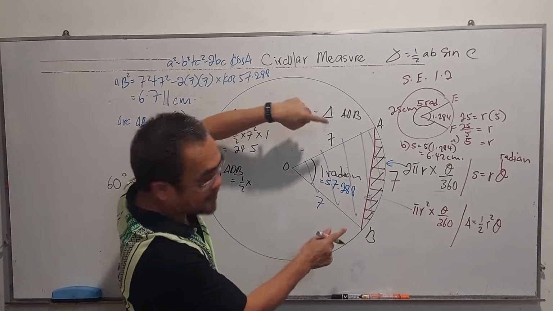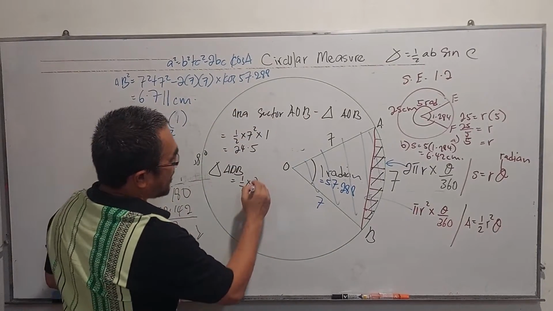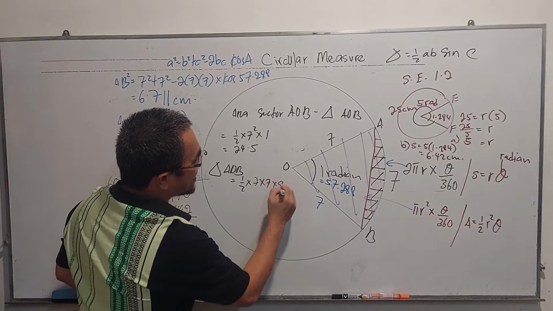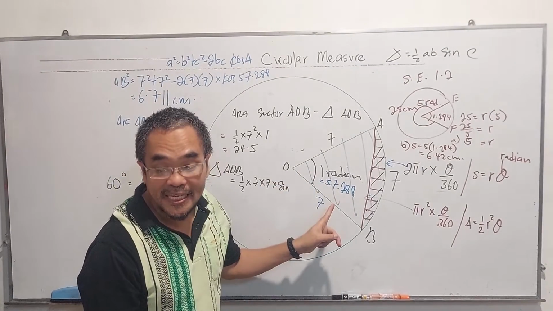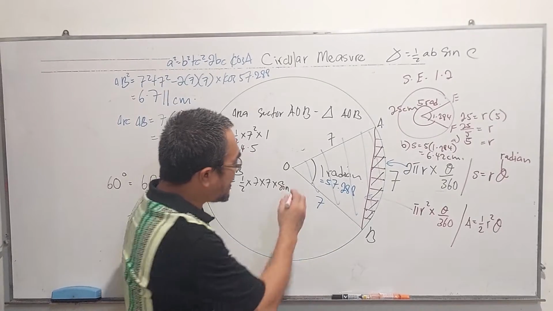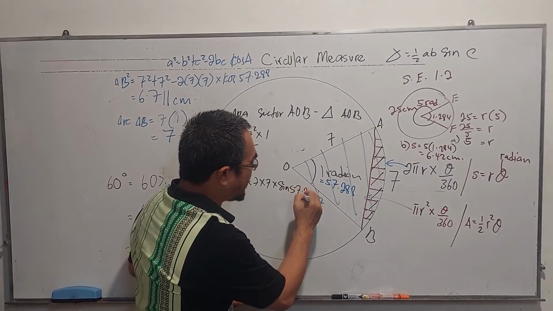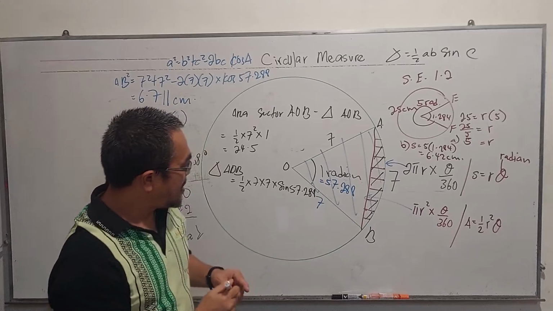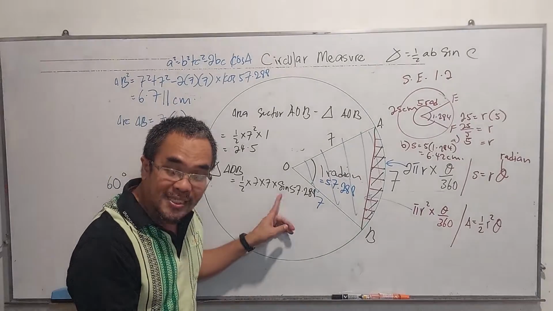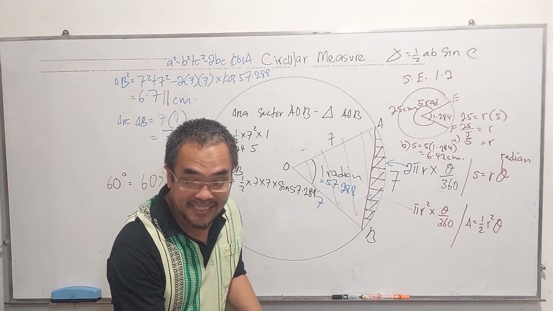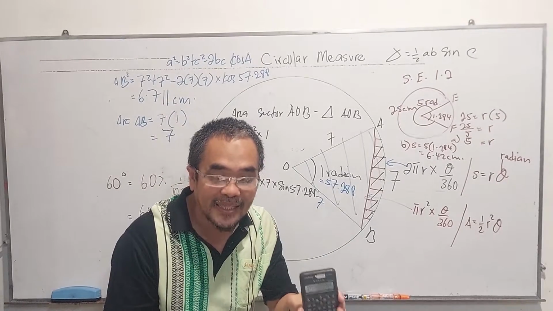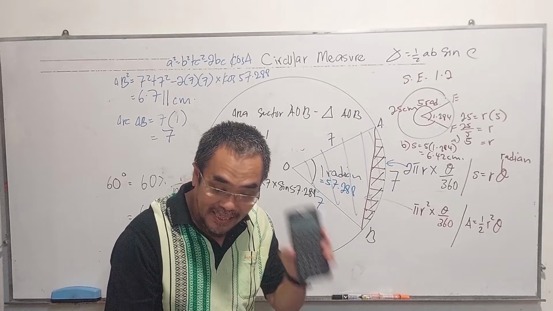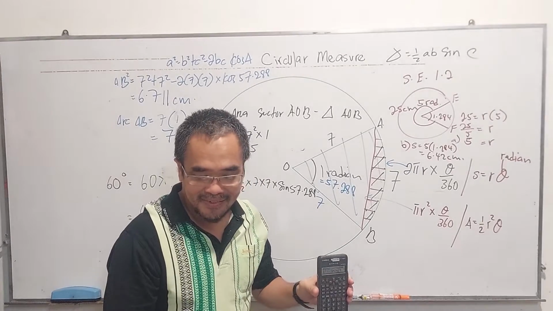1 over 2 AB, where AB is the two sides, 7 times 7 times sine. But this one, the sine angle must be in degrees. Is it a must? Not really actually. Can we use sine 1? Yes. If you press calculator, make sure the setting of the calculator is in radian.